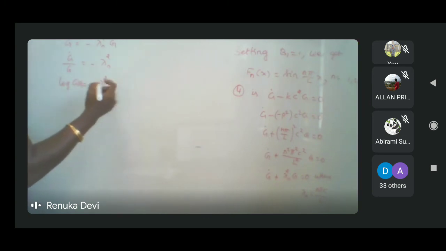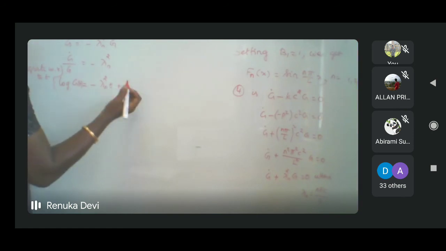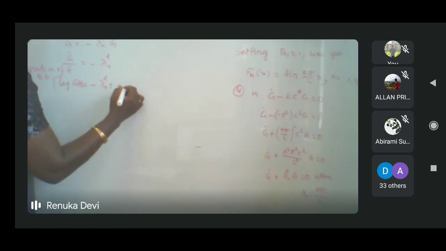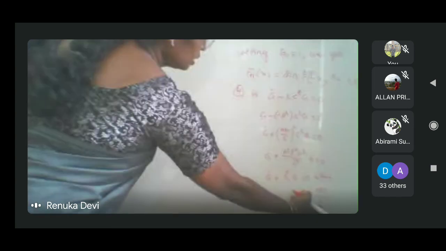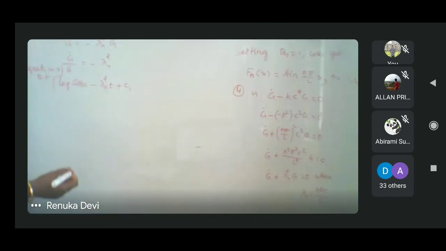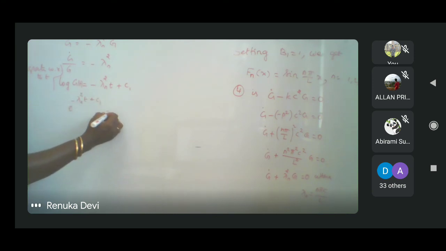Therefore, integrate with respect to t. So log of g of t equals minus lambda n squared t plus some integrating constant. I take some c1, because we already have one c here. Therefore, c raised to minus lambda n squared t plus c1 equals g of t.